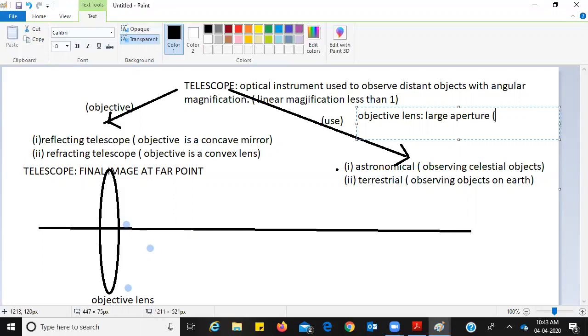Why? For a brighter image. It's brightness, so aperture, not focal length. Brighter image, as it collects more light.